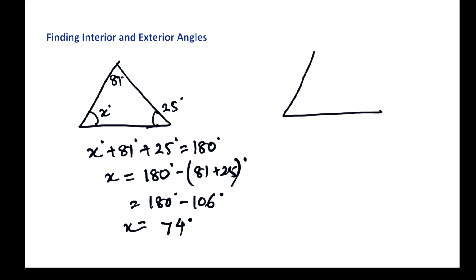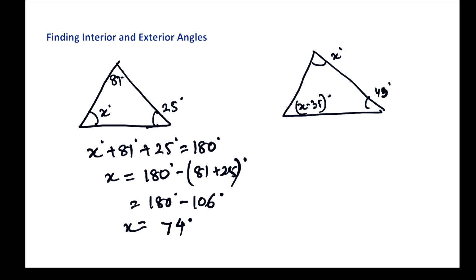This is a triangle. This angle is x minus 35 degrees, this is x degrees, and this is 43 degrees. Find the value of x. Also find the value of each angle of this triangle.